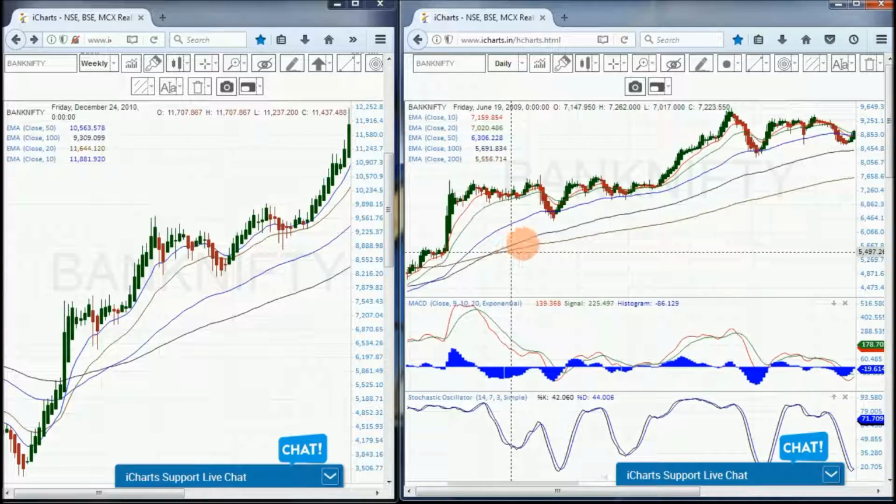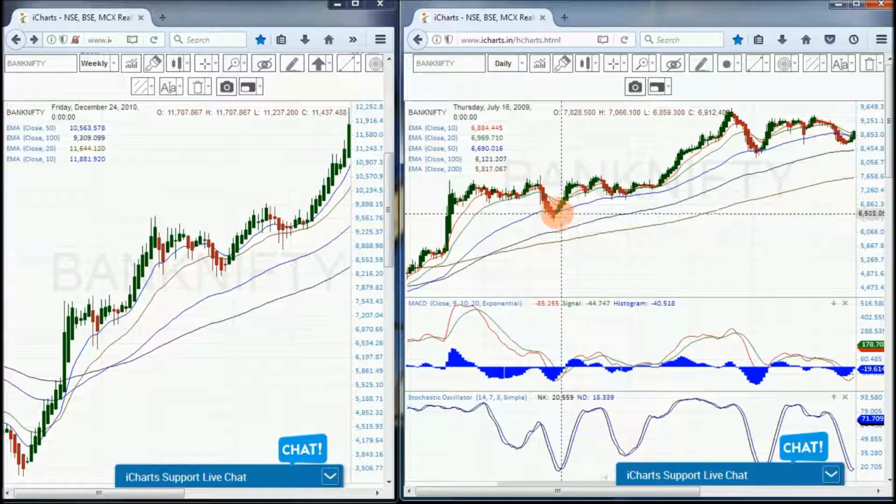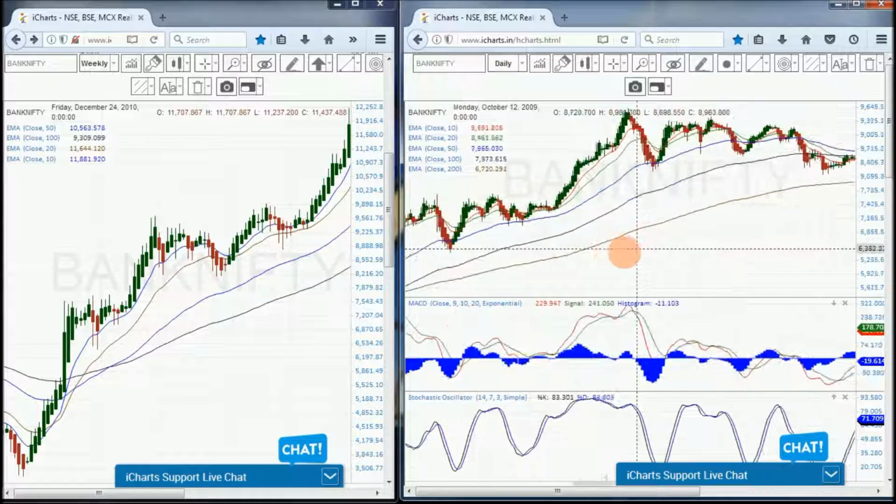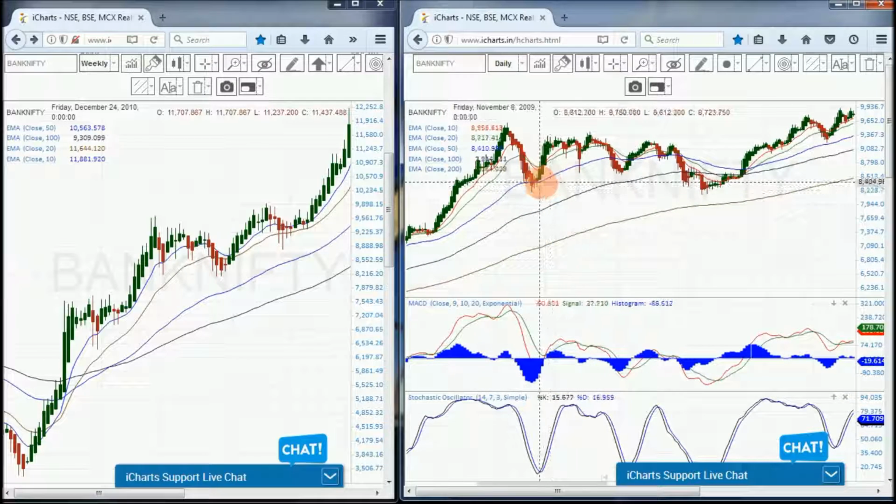Okay, so if you see from this position, the stochastic is in oversold territory. Okay, this one again, it has been oversold.